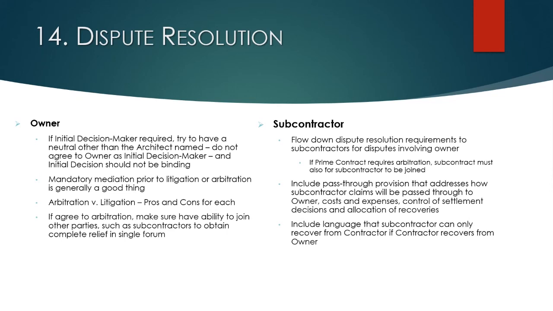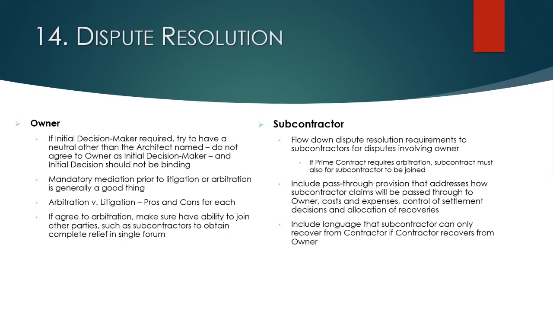Any of you that have worked with the AIA documents know the IDM, or initial decision maker, who's involved in the dispute resolution process. That's unique to the AIA contract forms. You may have a mandatory pre-litigation mediation requirement, and then there's obviously the arbitration and litigation sides of how the dispute ultimately gets resolved.